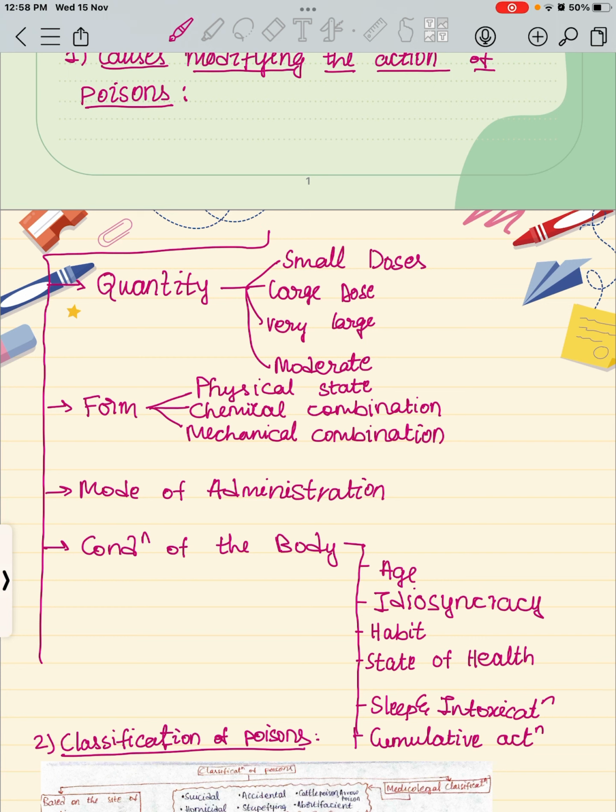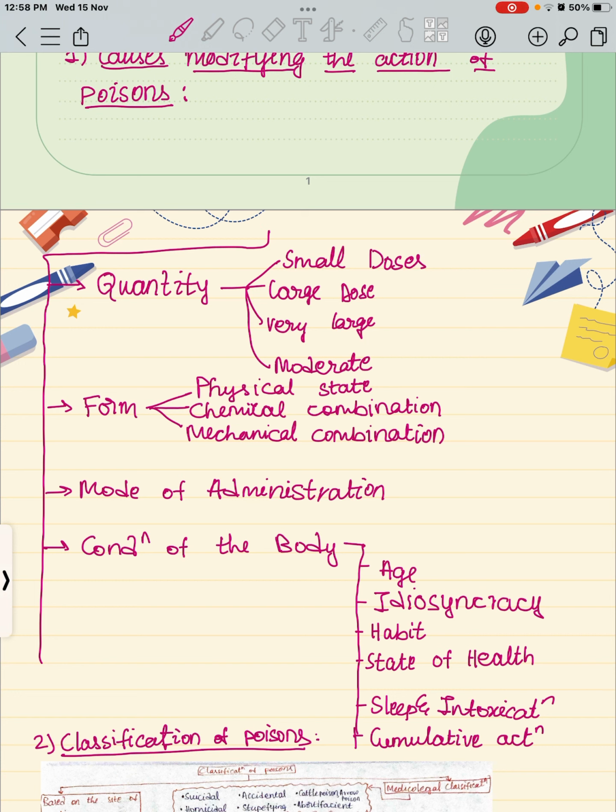But if I drink the same poison, I may die in 4 minutes. That means my body shows more response if it is in gaseous form than in liquid form. That is what I want to explain in physical state.